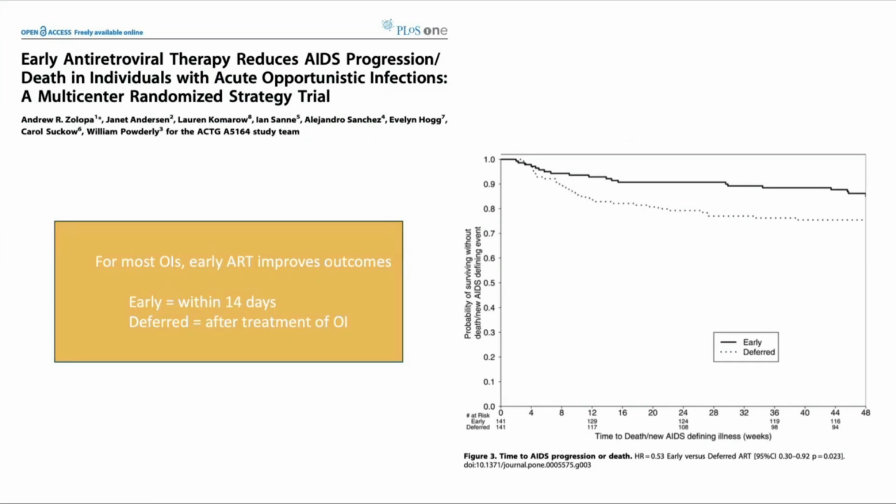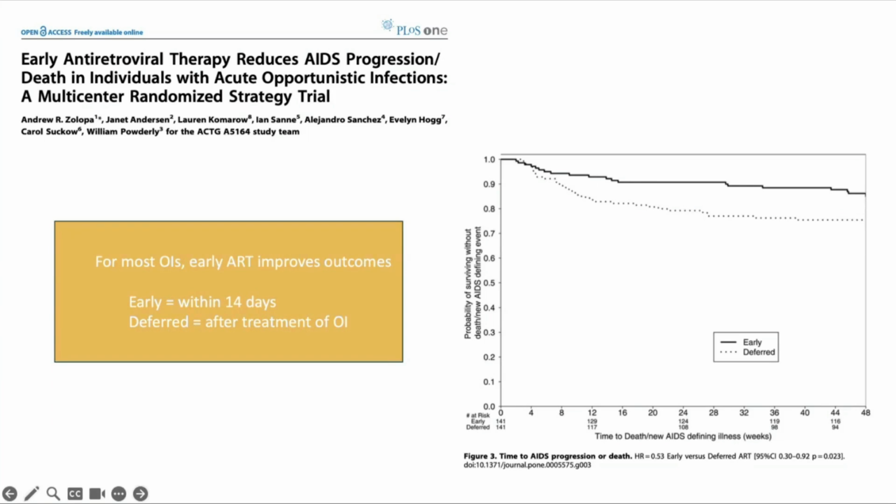And this is one of a variety of papers that looked at when ART is started in comparison to the diagnosis of an opportunistic infection and what the outcomes are. It's not rocket science. I think you might expect this, but people either got early treatment of HIV after diagnosis of an opportunistic infection, meaning within 2 weeks of diagnosis of that OI, or they got deferred treatment, so sometime after treating the OI, they would then start ART.